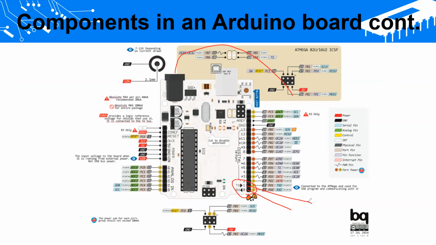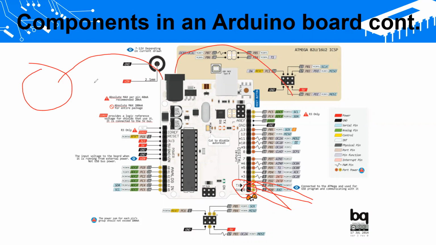If you give some inputs, that means you are giving some voltage to this RX and TX, and it will interrupt the communication, right? So in the normal behavior, we have a computer, right? On the computer, we program the Arduino board, then it communicates through serial communication.